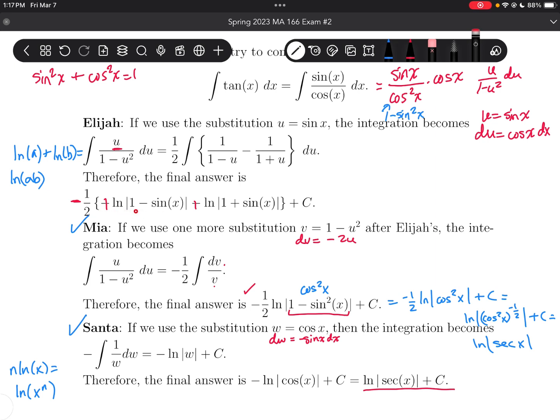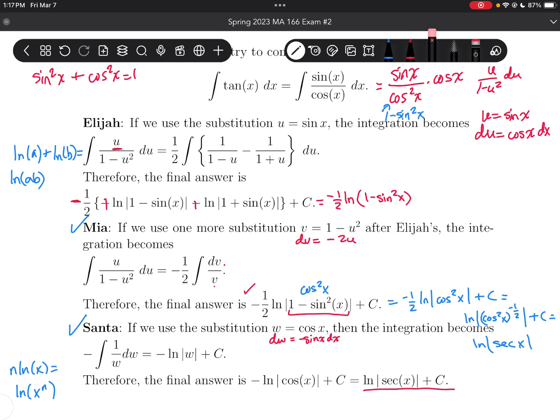We are adding; our first natural log is natural log of 1 minus sine x. The second is natural log of 1 plus sine x. If we add those two together, I get negative 1/2 times natural log of 1 minus sine x times 1 plus sine x. If I expand that out, I get 1 minus sine squared x.